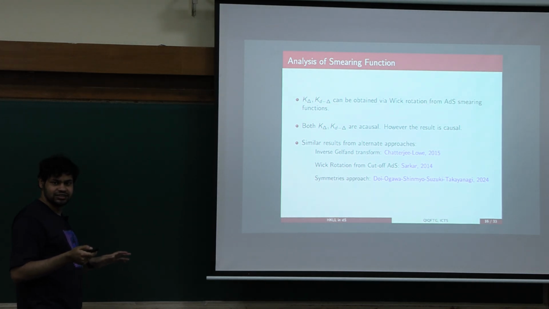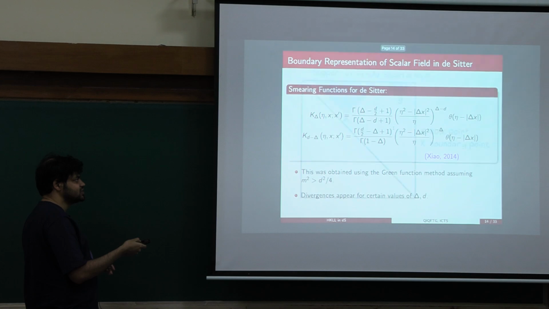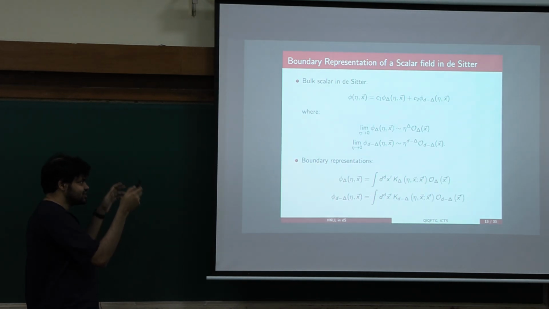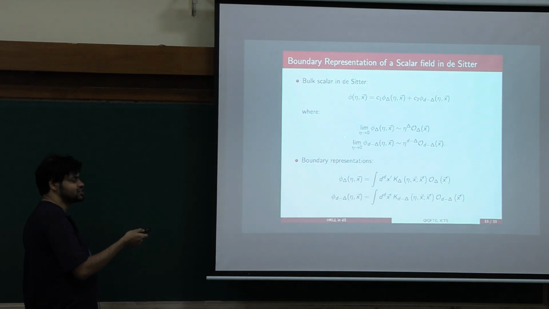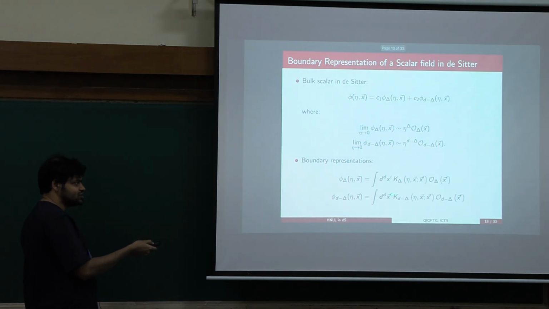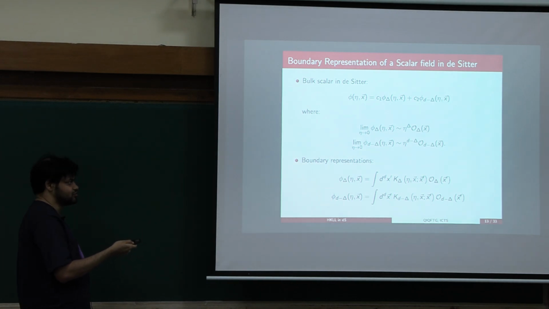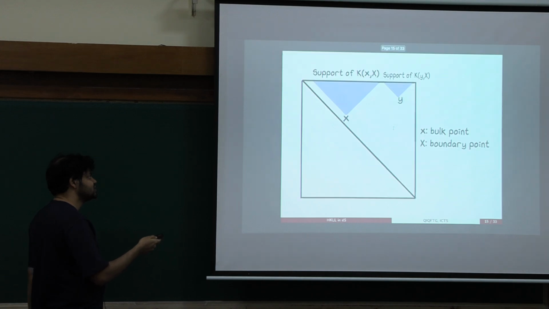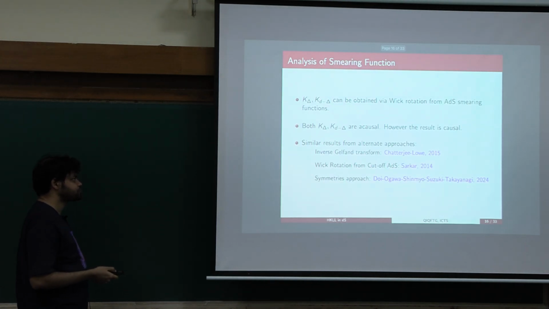There is no violation of causality when you work with this boundary representation. When you put this boundary representation in and check whether the commutators vanish at space-like separation, yes, they do. But if you work with only one, you might see violations of causality. So you have to have both this positive frequency and negative frequency parts, as in field theory.